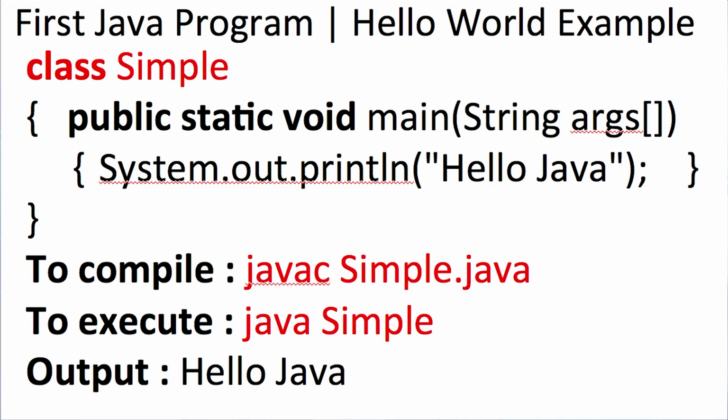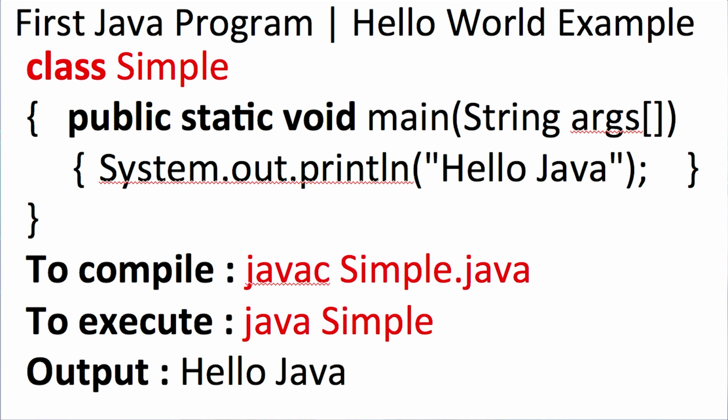You can see here the name of the class is Simple, and the name of the file will be Simple.java. We always write the name of the file as the name of the class which contains public static void main. Here public static void main is inside the Simple class.